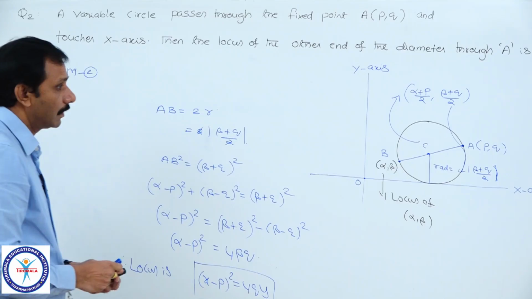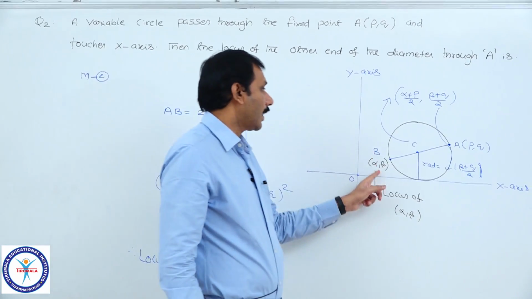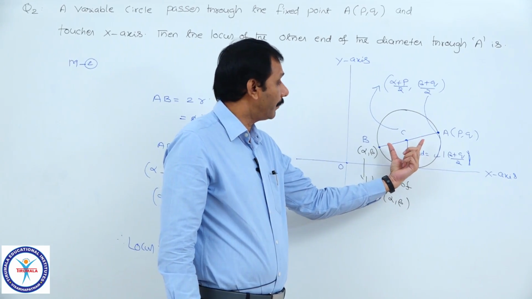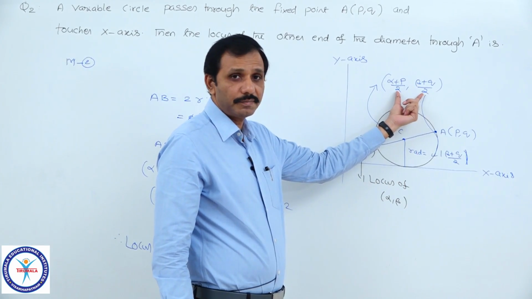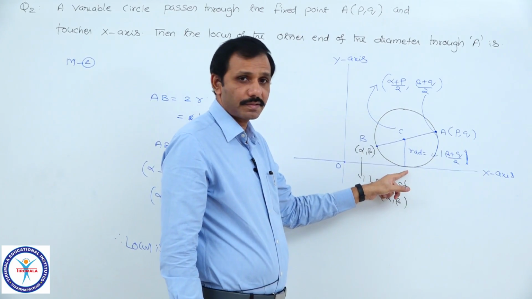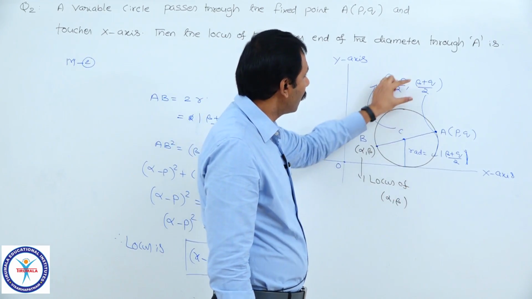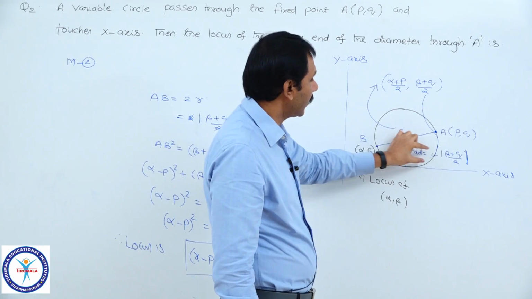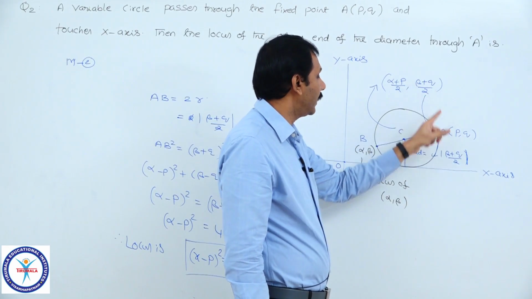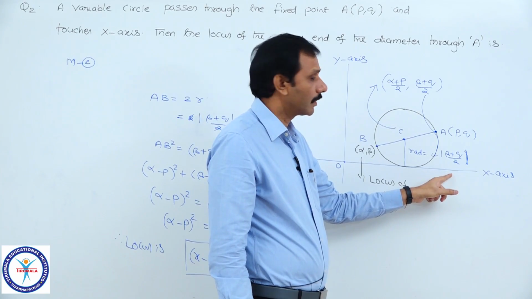Observe this. (Alpha, beta) is the other end, therefore it is the diameter. If I take the midpoint as the center, because the circle touches the x-axis, the y coordinate of the center is nothing but the radius. Therefore, radius equals mod of (beta plus q) by 2.